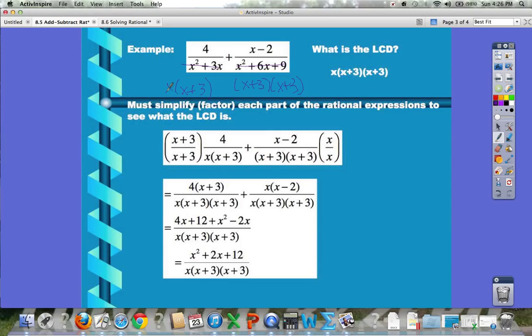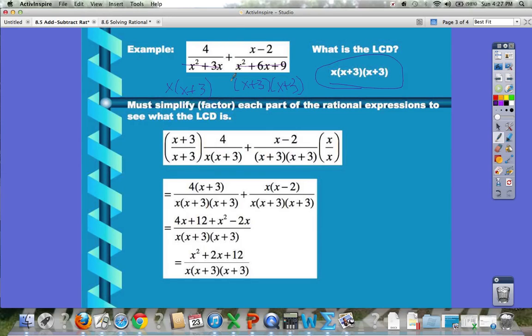So the LCD is going to be the smallest that you can get between the two of them. So we have to have these two, and then you look over here and see I have to have also an x. So the LCD has to be x plus 3, x plus 3, and an x in the front. It has to be the lowest that they both share in the combination.